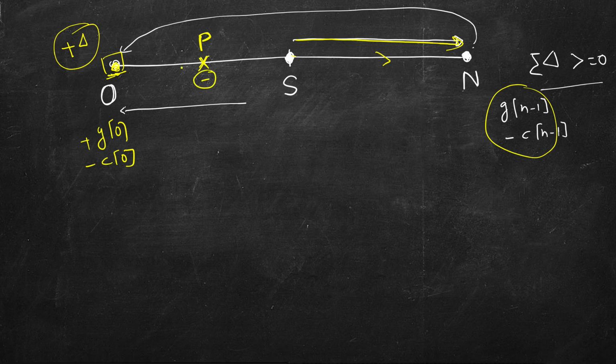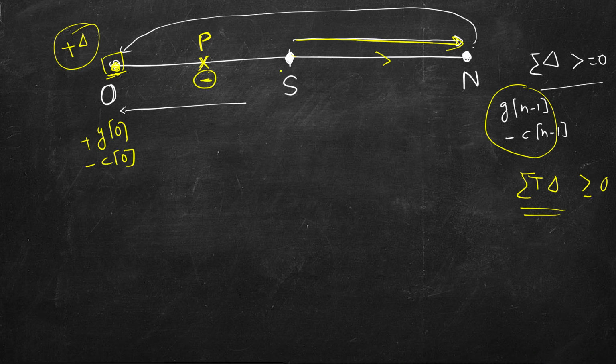If we face such a situation, then we will say that we cannot complete the trip when we start from S. But we have to prove that such a point will not exist if total delta was greater than or equal to 0. So let's assume that there is such a point where it's negative.